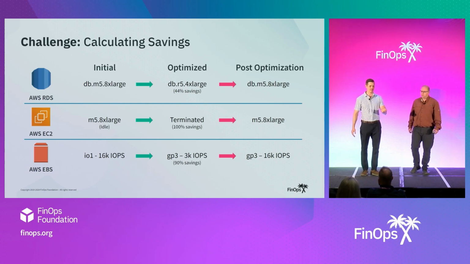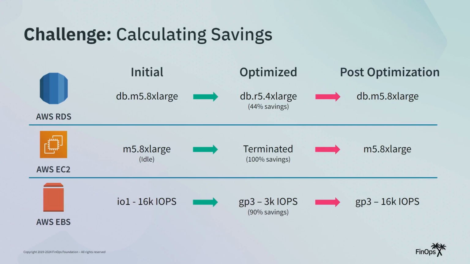And there are other examples on the screen where you might right size something. I've seen it where a FinOps team says, hey, right size this. The team does it and it does impact performance. It probably wasn't the right move to make, and so they switch it right back. But does the FinOps team know they did that? So that's one of the big challenges that we see over and over.